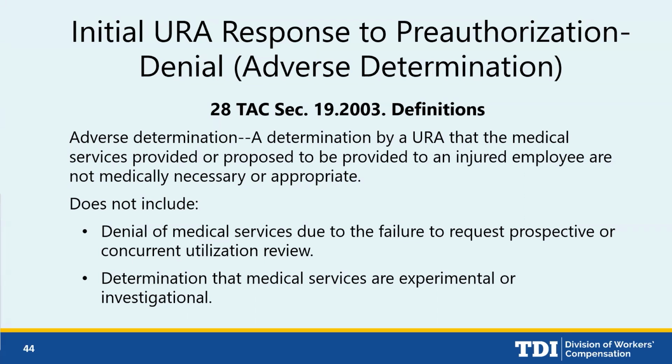That doesn't mean that you failed to ask for pre-auth when you needed to get pre-auth. So it's all about medical necessity, and it's not a determination whether those services are experimental or investigational. You'll find this language in 19.2003. So again, it's just the URA saying, we don't think it's medically necessary.